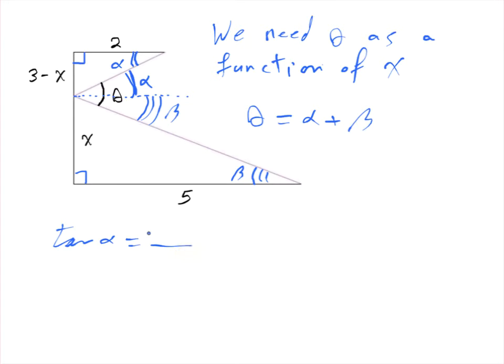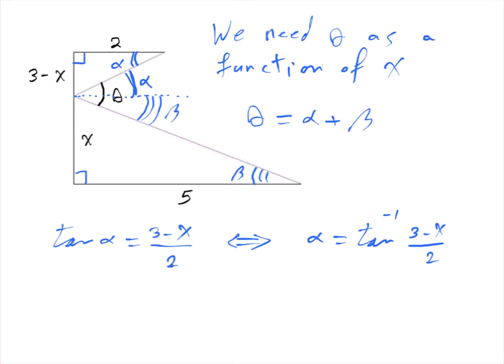The opposite is 3 minus x divided by the adjacent 2. And we need to solve for alpha. Alpha equals the inverse tangent of (3 minus x) divided by 2. So we know all about inverse functions, right? When you have tangent of alpha equals some value, the inverse tangent of that value should be alpha.